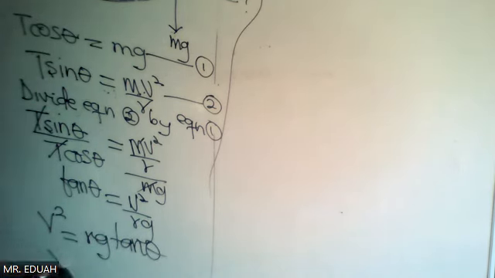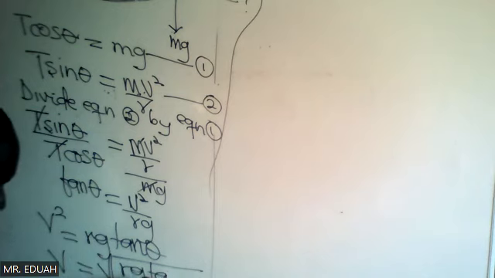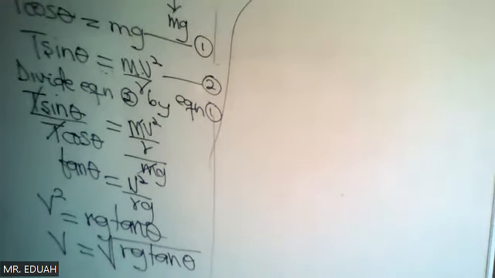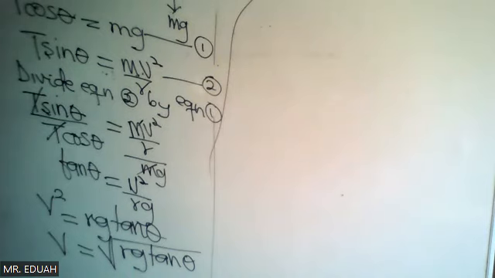Therefore, v is equal to the square root of rg tan theta. This relation also gives us a similar relation we had yesterday about the maximum or the safest speed.